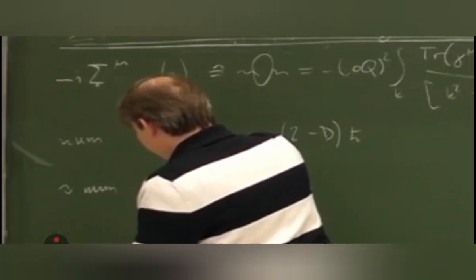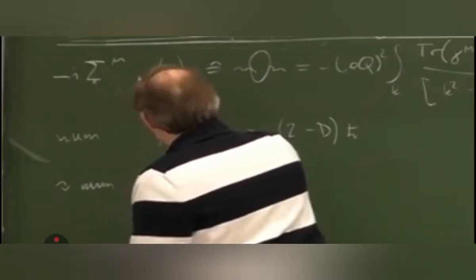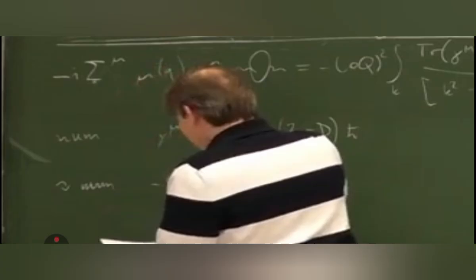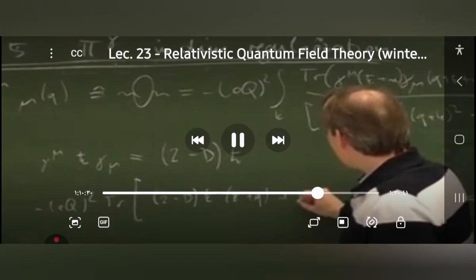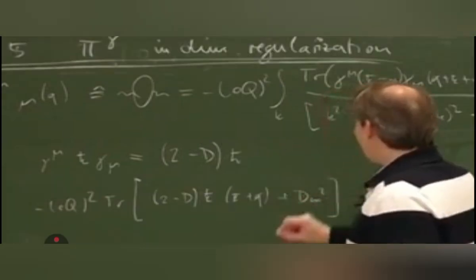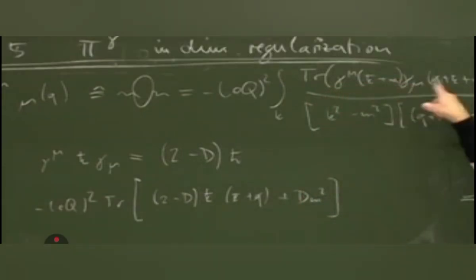So we have a trace, which is minus d q square times the trace of the following. We have (2 minus d) times k slash, times the other k slash plus q slash, and then we have the mass terms plus d times m square. The m square term has just gamma mu contracted, which gives the dimension d.